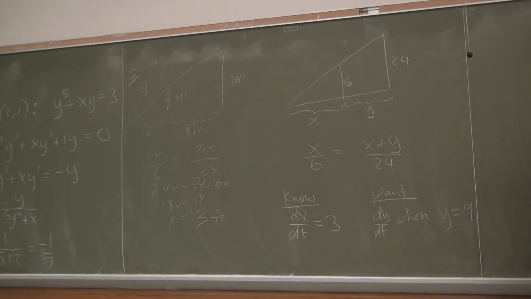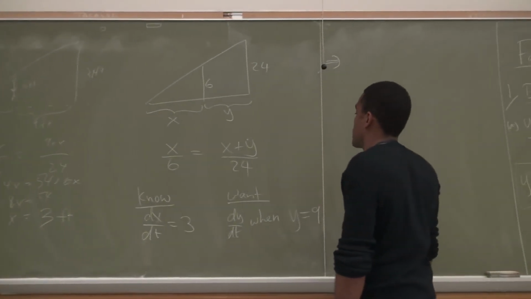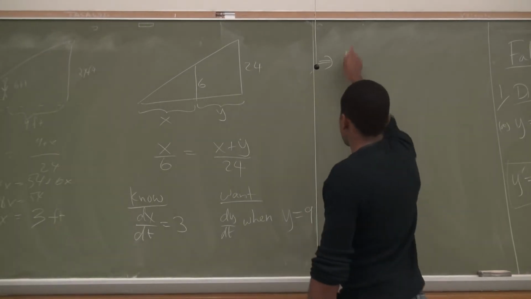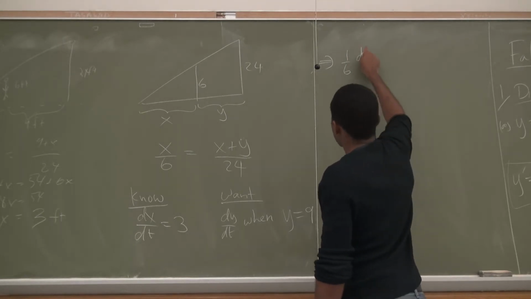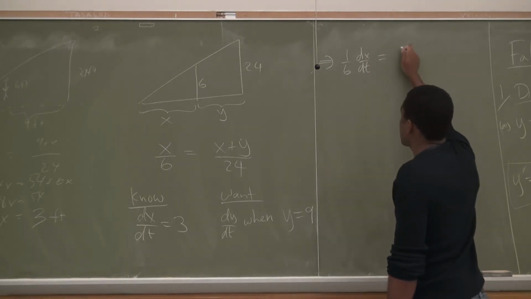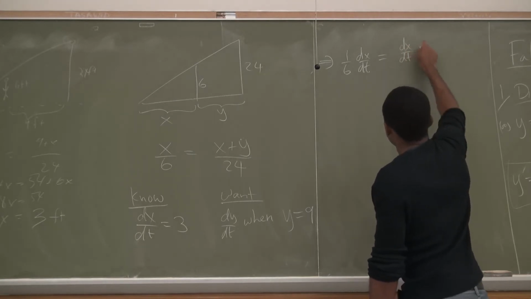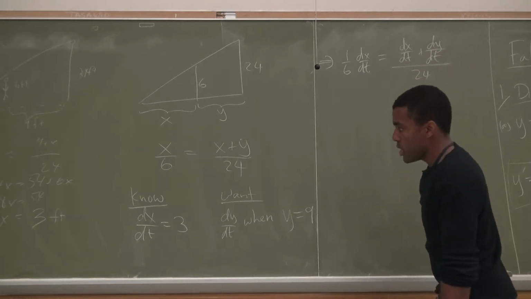Okay, so now how do we solve the problem? You find the derivative of that, x over 6 equals x plus y over 24. So dx dt over 6 equals dx dt plus dy dt, all over 24.